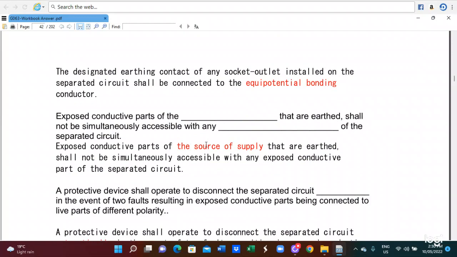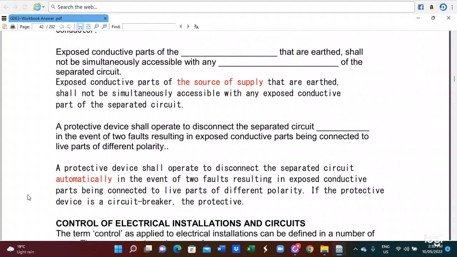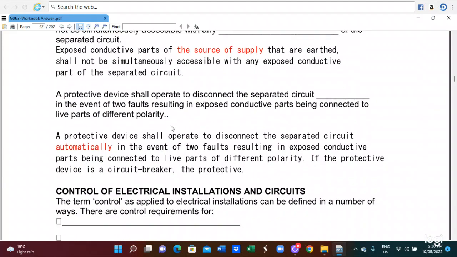So the protective earth conductor of the socket outlet installed on the spreader circuit shall be connected to the equipotential bonding conductor. Exposed conductive parts of the source of the supply and others shall not be simultaneously accessible with any exposed conductive part of the spreader circuit. A protective device shall separately operate to disconnect the spreader circuit automatically in the event of two faults resulting in the exposed conductive parts being connected to live parts of different polarity, if the protective device is a circuit breaker.